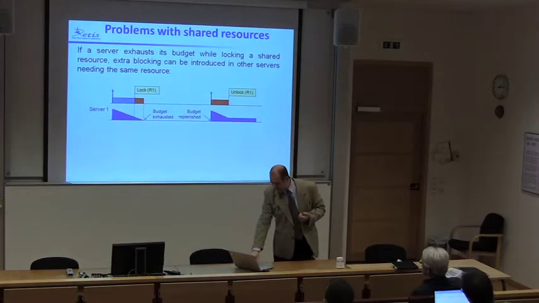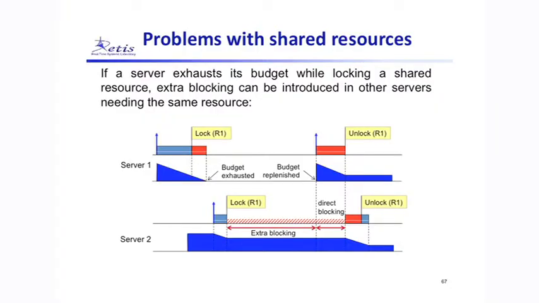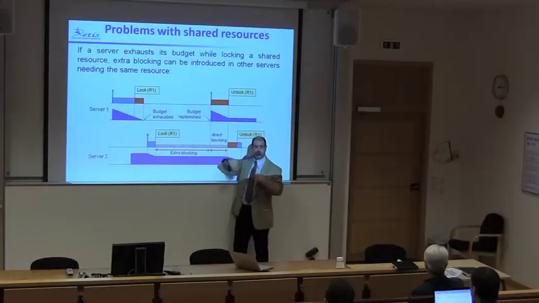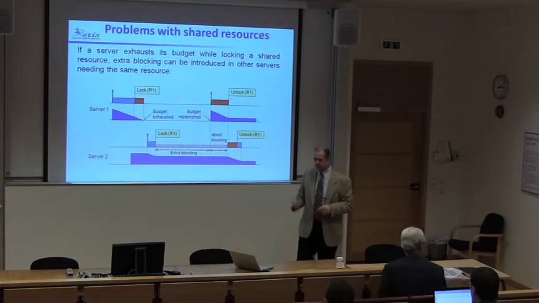Then if there is another task in another reservation that wants to use the same resource, it cannot run because the resource is locked. And this delay is longer than usual because it has to wait also for the replenishment time, which is an extra delay. So there are several approaches to solve this problem.